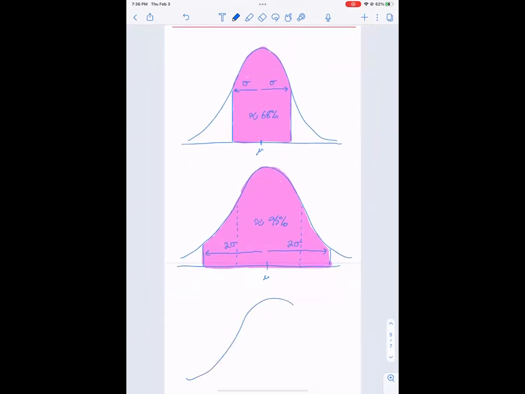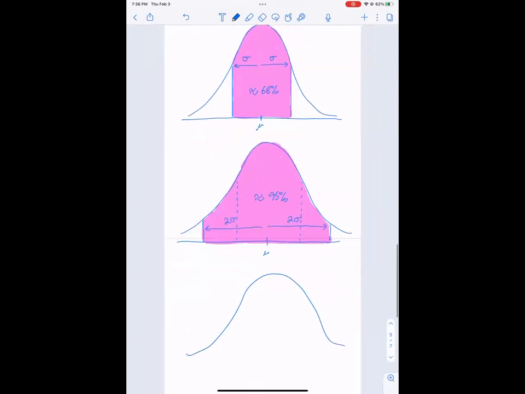But if I would go 3 deviations in both directions, if I go 3 sigmas in both directions, what percent would I have now? Approximately, at least. A little bit less than 100. It is a little bit less than 100. It's about 99.7.